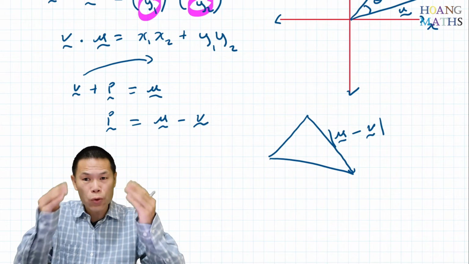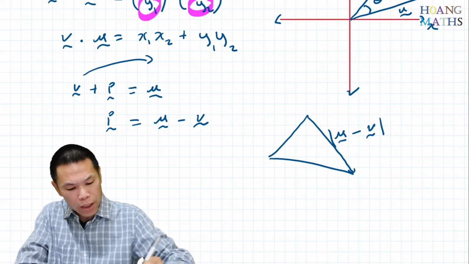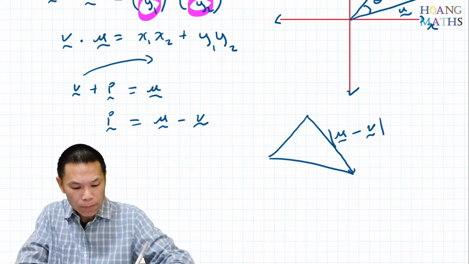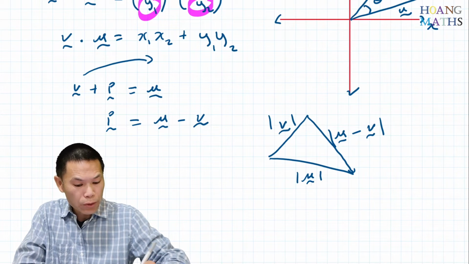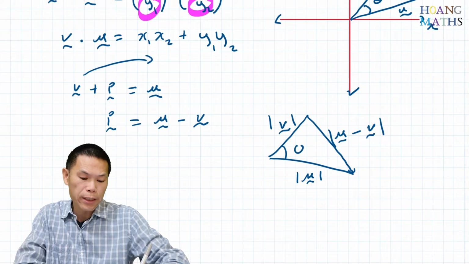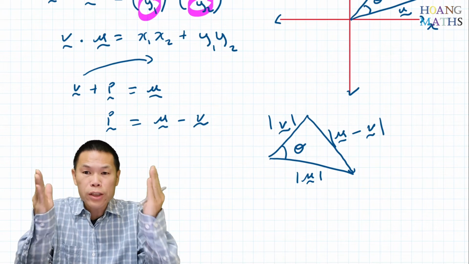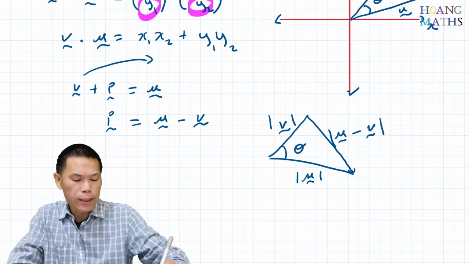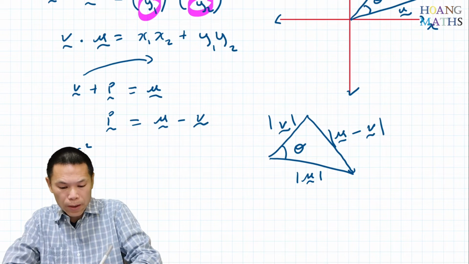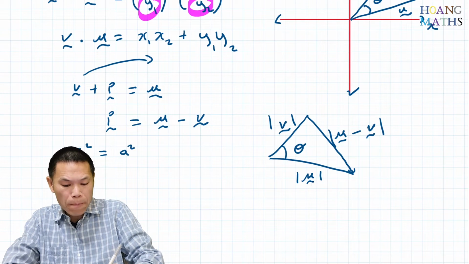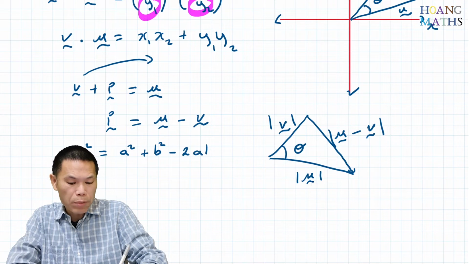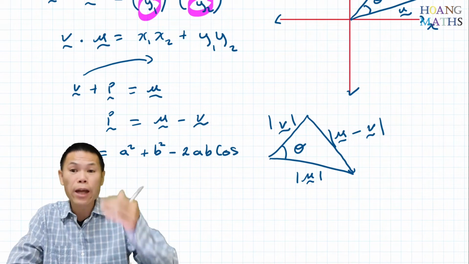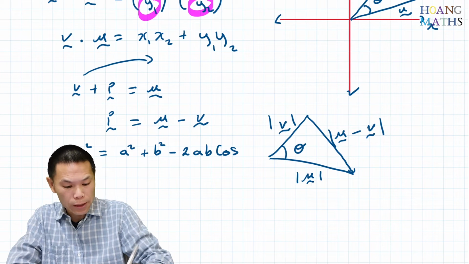This is the magnitude of v, and this is the magnitude of u. The angle between the two vectors is theta. Now from the cosine rule, we know that c squared is equal to a squared plus b squared minus 2ab cos of the angle in between, that is angle C, okay?